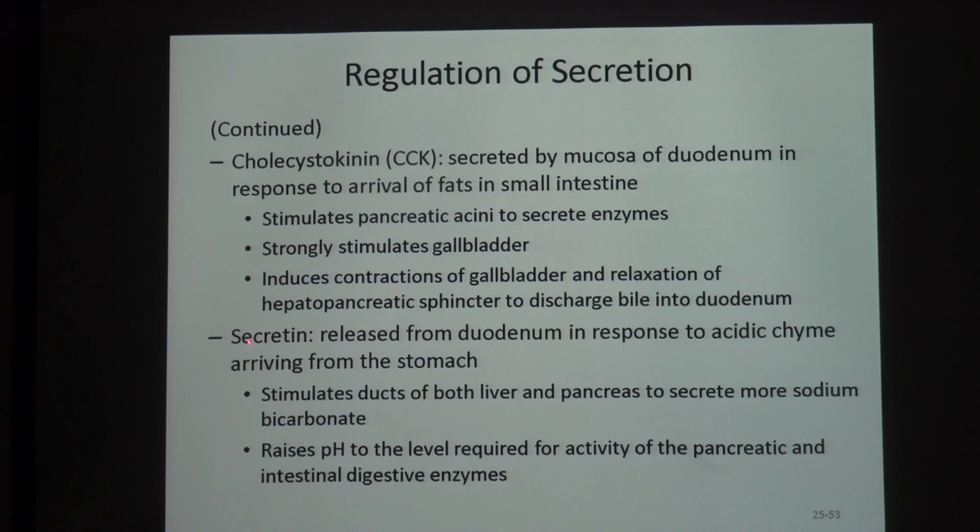The third one is called secretin. And again, that acidic chyme that's being dumped out of the stomach will cause a secretion of sodium bicarbonate from the liver and the pancreas to try and level out the pH of that chyme that's being pushed into the small intestine, because we don't want it to be too acidic.